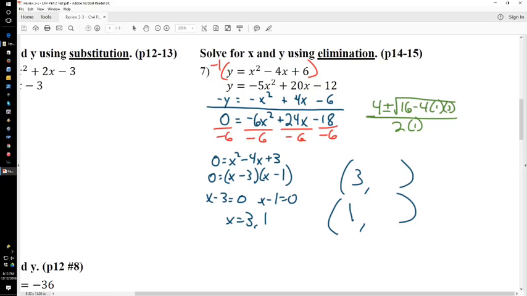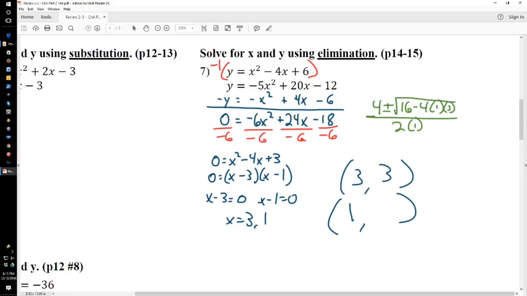So when I plug in 3 for x, I get 3 times 3 is 9, minus 4 times 3, that's 12, so 9 minus 12 is -3, plus 6 is a positive 3. So there's that one. First point is 3, 3.